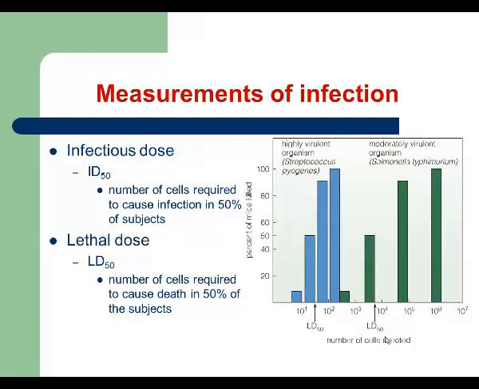What does it mean? If there are only 50 cells required to cause death in 50% of individuals, it means Strep pyogenes is much more aggressive, much more virulent compared to Salmonella typhi.